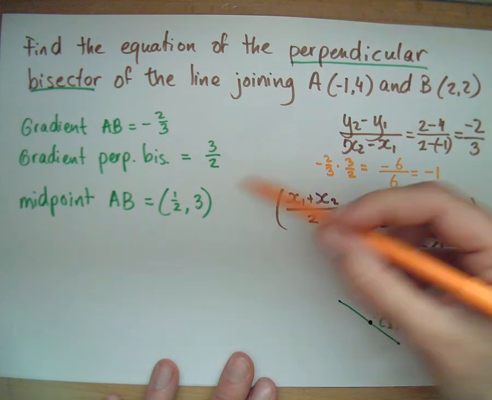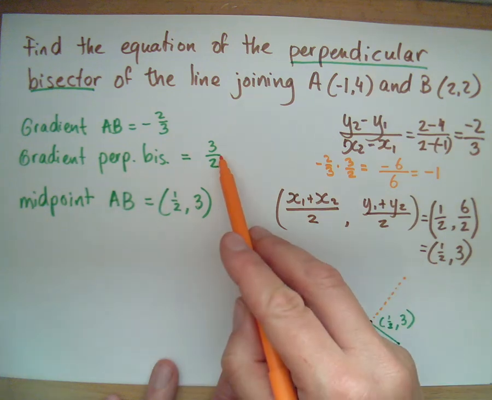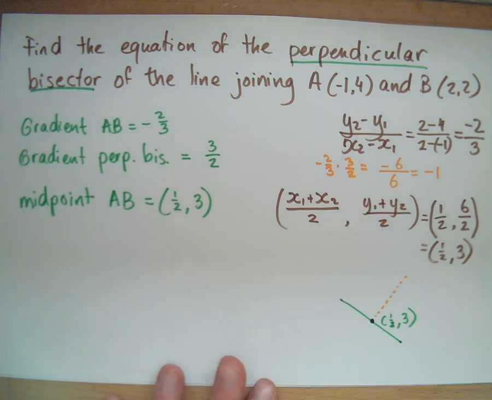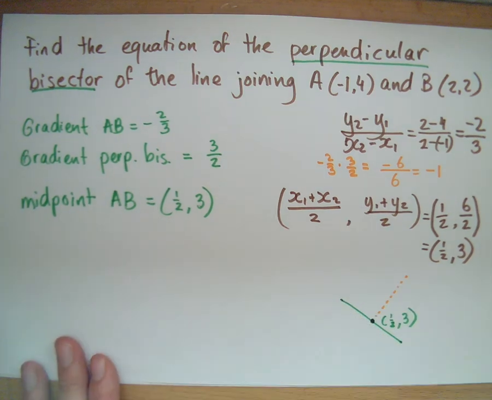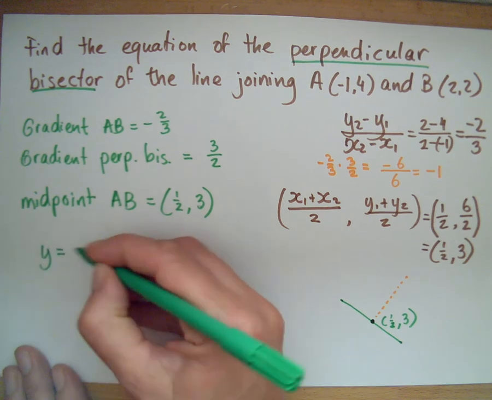It's the point that these two lines share, right? We also know the slope of our perpendicular bisector, we saw that it was 3 divided by 2. So we're almost ready to write the equation of this line.